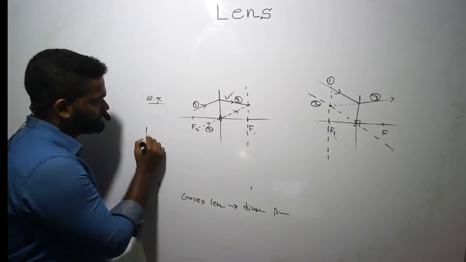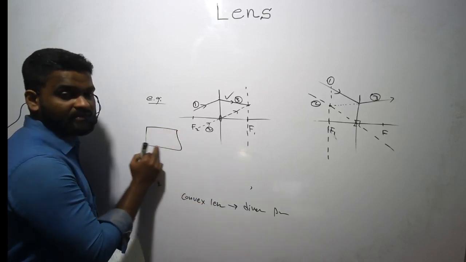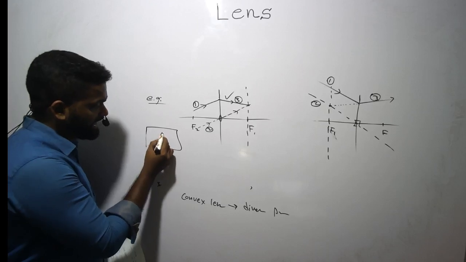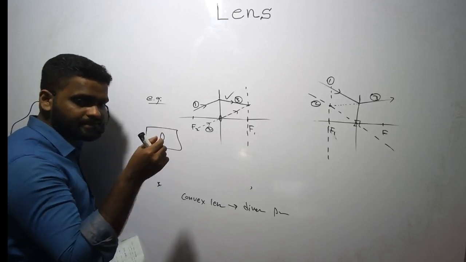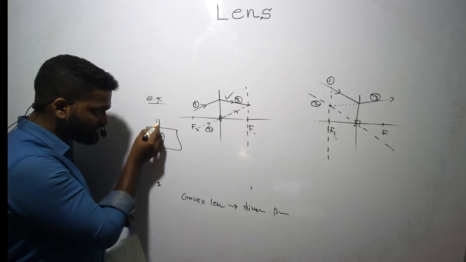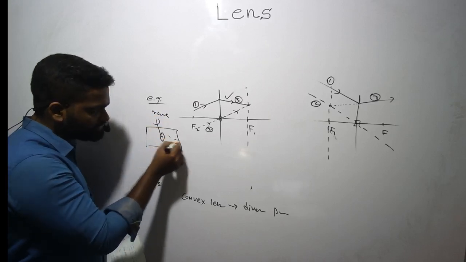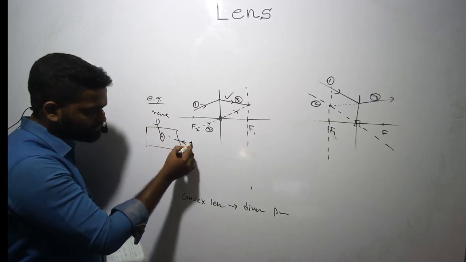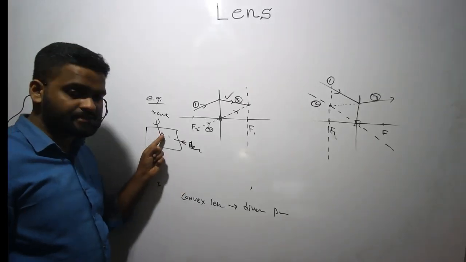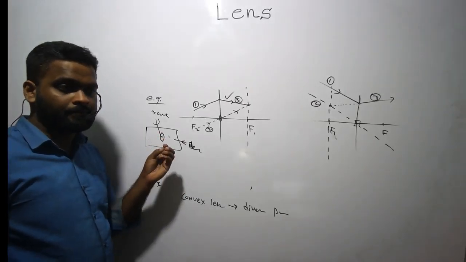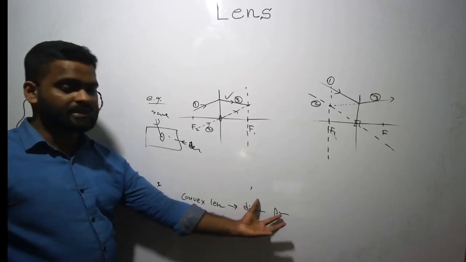For example, let's say you have a glass cube, and inside it there's a hole shaped like a lens. So the lens is rare, this is dense. In a case like that, this lens behaves as a diverging lens.